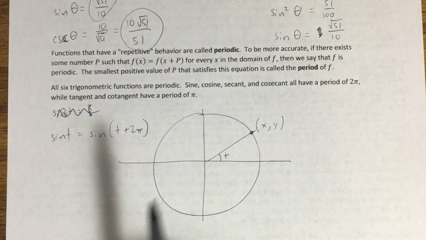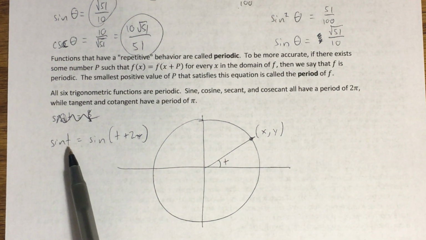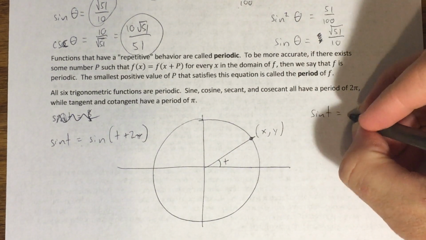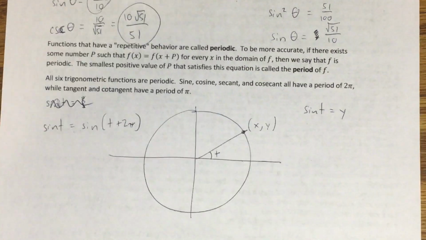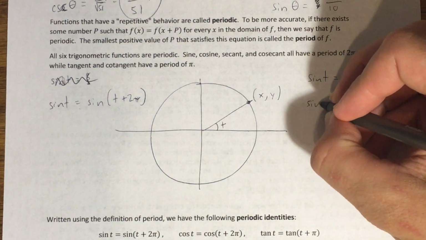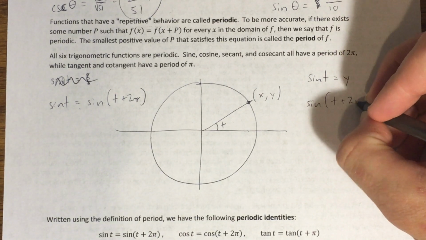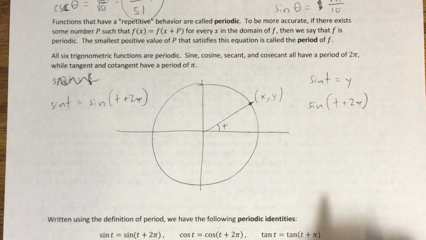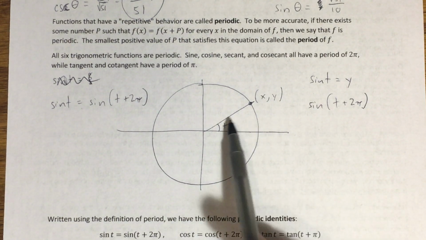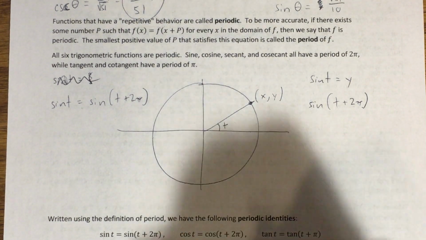And what does that literally mean? Well, notice, first of all, in this case, sine of t is equal to y. By definition, it's the y coordinate of that point on our unit circle. What is sine of t plus 2 pi? Well, t plus 2 pi, remember, that's an angle. We plug angles into our sine function. But what does that angle look like on the unit circle?